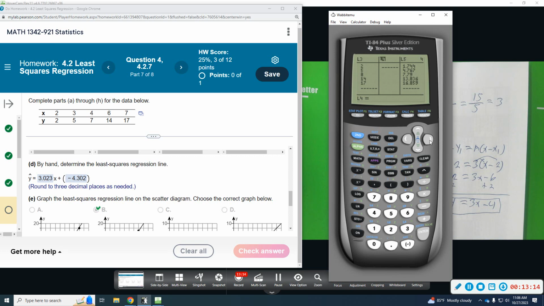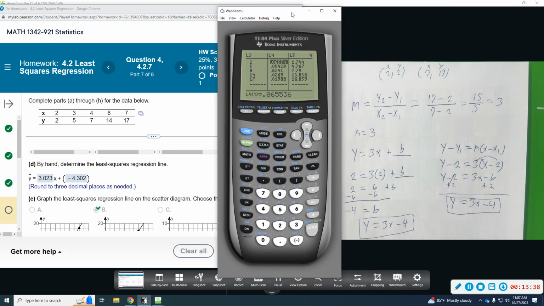Okay, so I want to take second L6 and I want to square those values. So L6 squared, square those. And then I need to add all of these numbers up. So let me write them down. I know there's a way that I can sum them. Let me see if I can learn something here. Second L4.